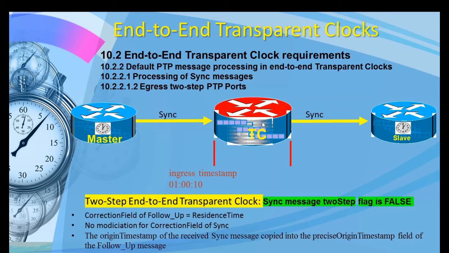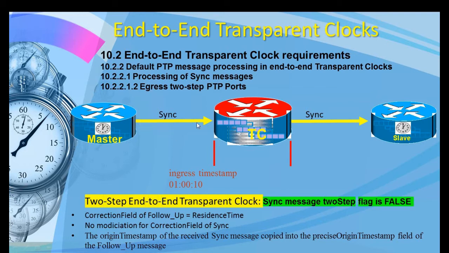Before sending out the sync message, the transparent clock just checks the flag. If the two-step flag is false, it will directly send out the sync message without modification.